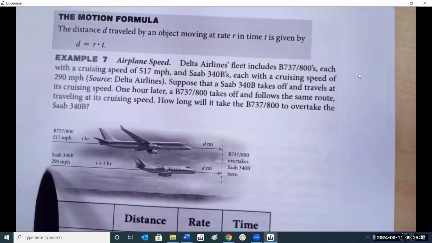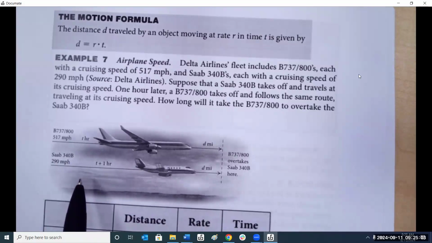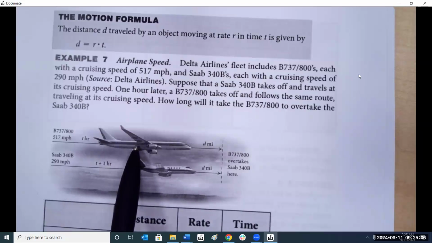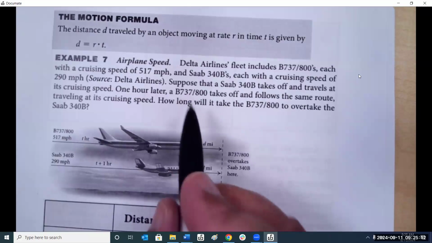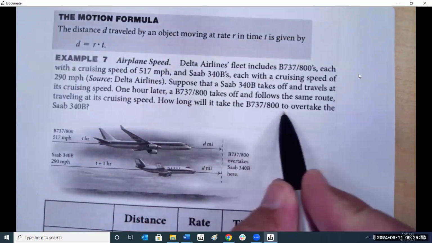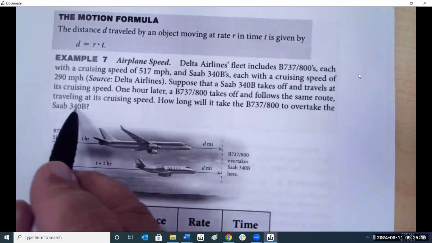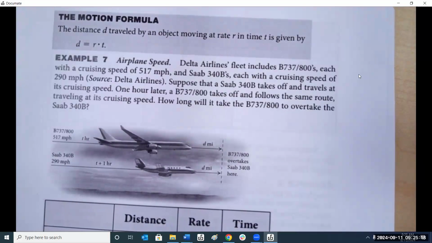They both take off from the same place. They both go in the same direction. It's just that the 737 travels faster than the 340. At what point, how long will it take the 737 to overtake the Saab? What are we looking for here?